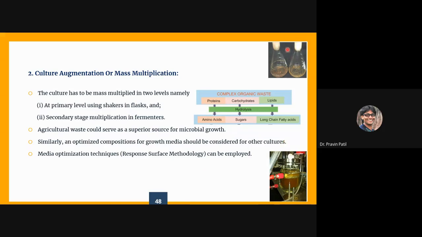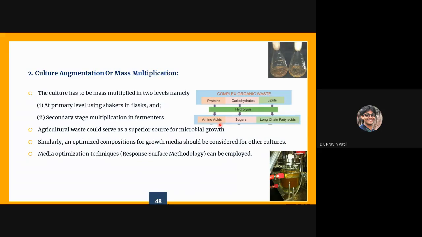So we have both options: either we can use the flask method or the fermenter method. At primary level, we can use the flask. At secondary level, we can use the fermenter. And as you can see, complex organic waste has protein, carbohydrate, and lipids.